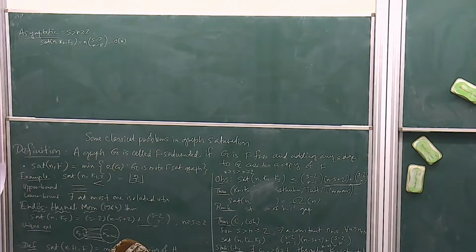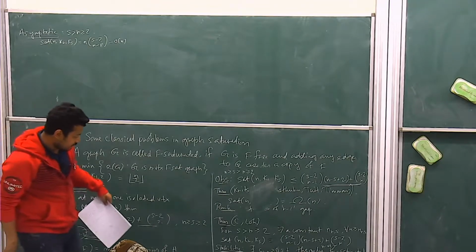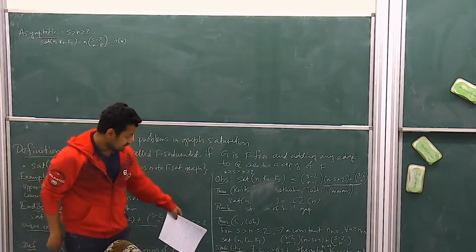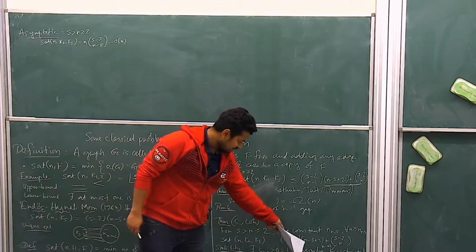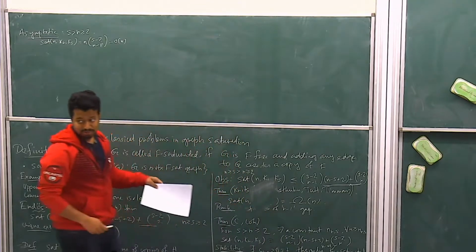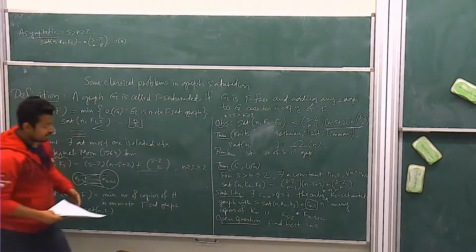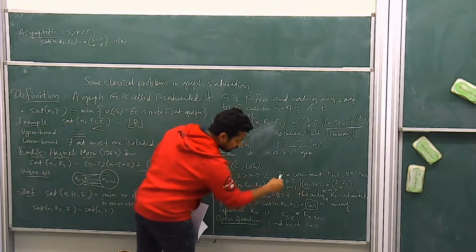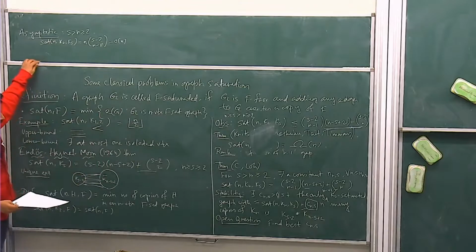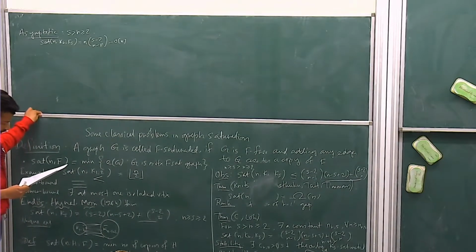This is just an asymptotic version of what I just stated, because the main term is this n times (s minus 2 choose r minus 1), right? I mean, if you want to see for a bit, the main term here is n times (s minus 2 choose r minus 1). Okay.